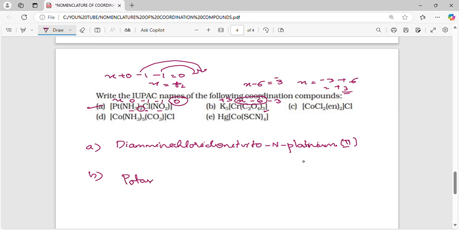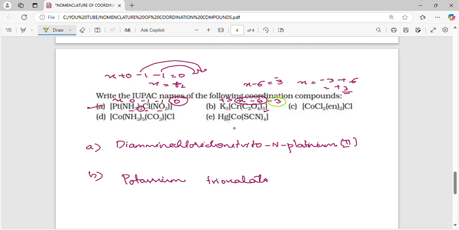Potassium. After writing potassium, you have to give space because we need to write the coordination sphere name. We finish the counter ion. So potassium, space. Then inside the coordination sphere, start writing with the ligand. Oxalato. But there are 3 times, so trioxalato. Then chromium is a normal name, but you see the charge of the coordination sphere is -3.